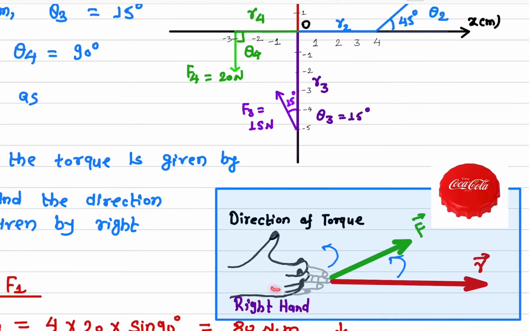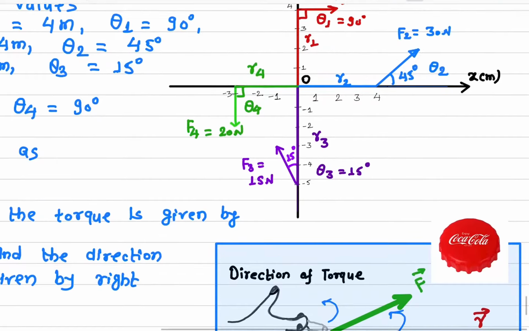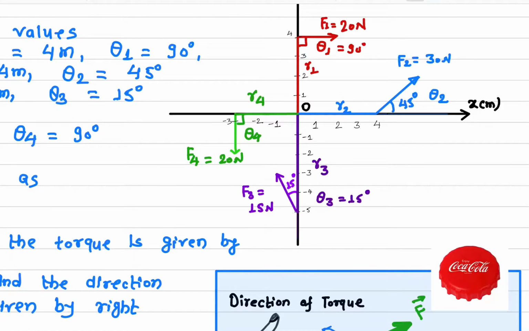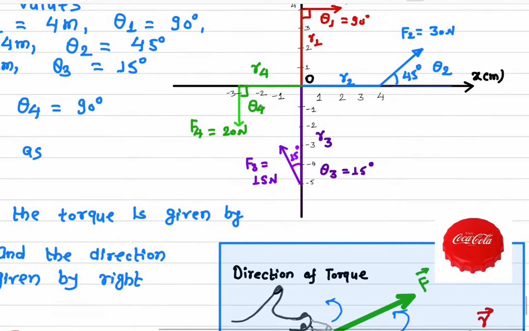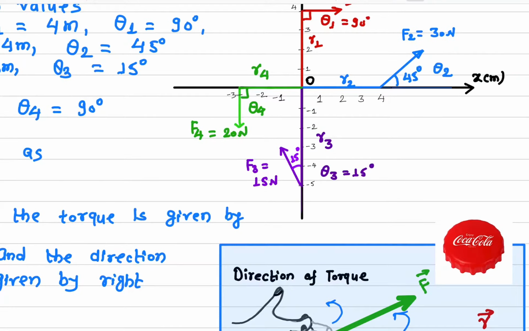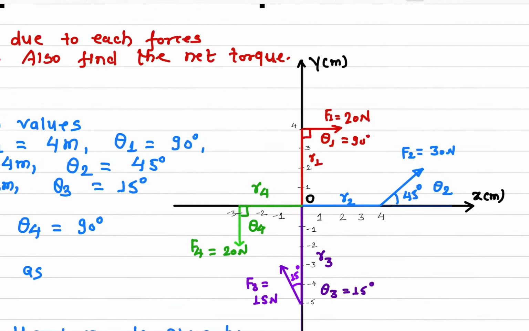If you do this, you will see that your thumb points in the downward direction, like into the paper or into the iPad.